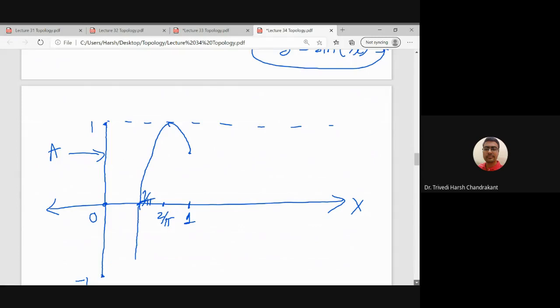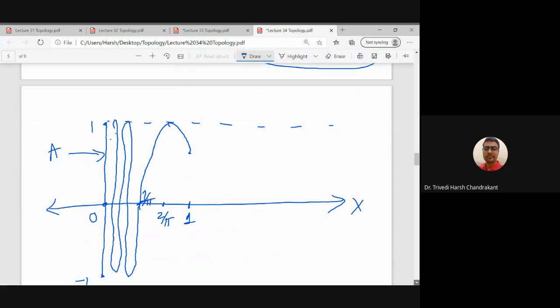Then it will go below up to -1, then again it will come here, and slowly these intervals will become smaller, right? I have not drawn the graph properly, but you can see in the book it is given very nicely. These are all the points of B.